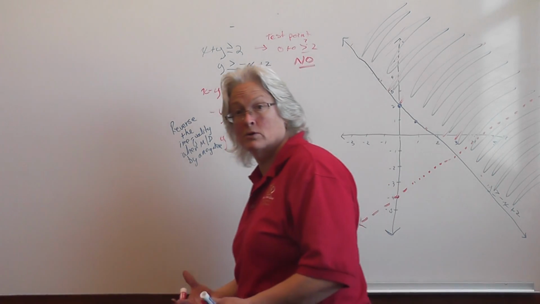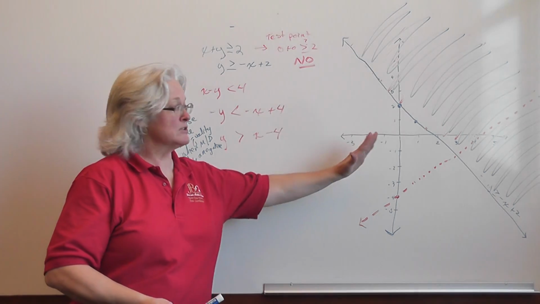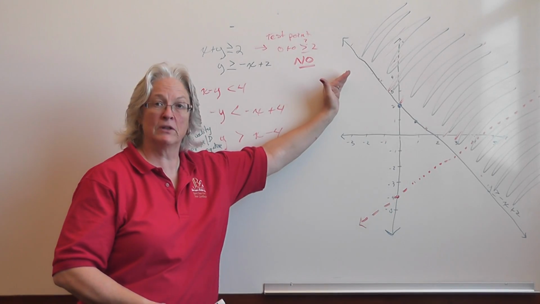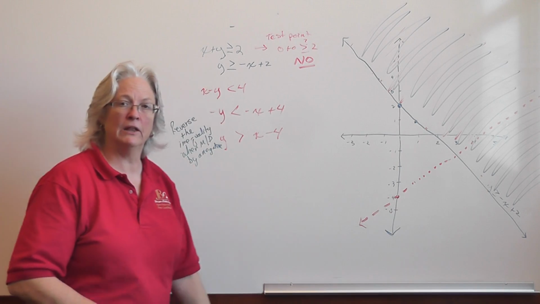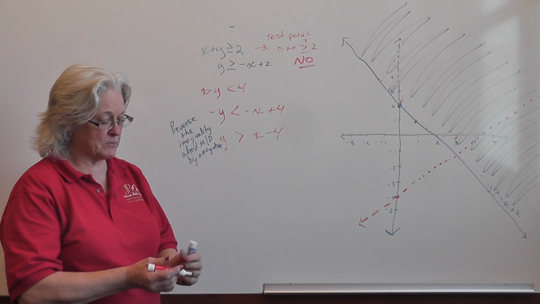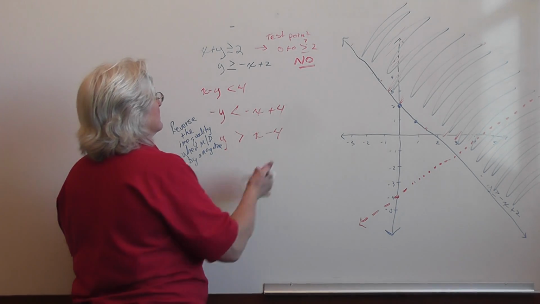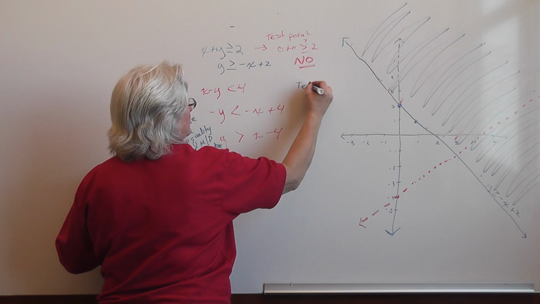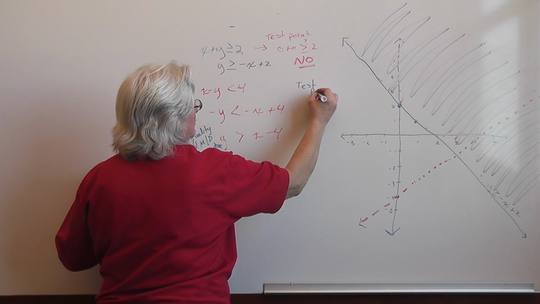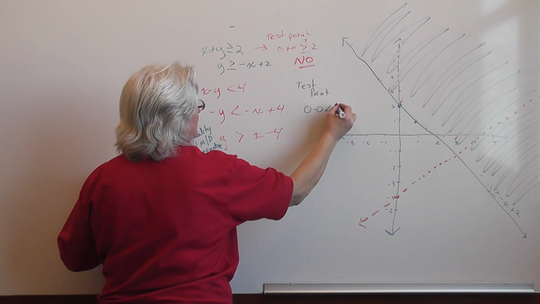Now, are we finished? No, we need to see what region of this graph is a part of the solution. Is it the part to the top of the line or to the bottom of the line? Once again, we're going to do our test point. We're going to use 0, 0. 0 minus 0.